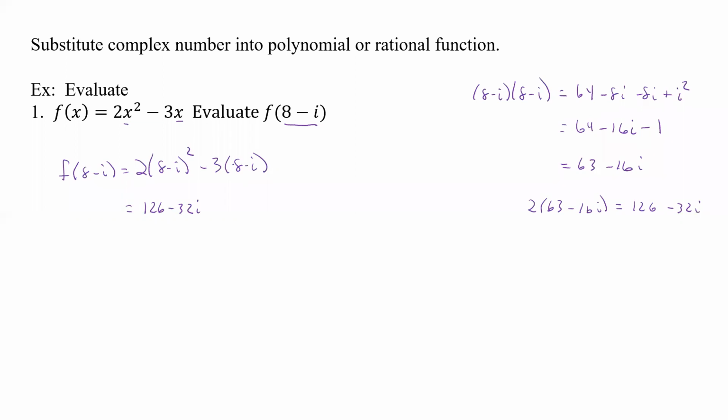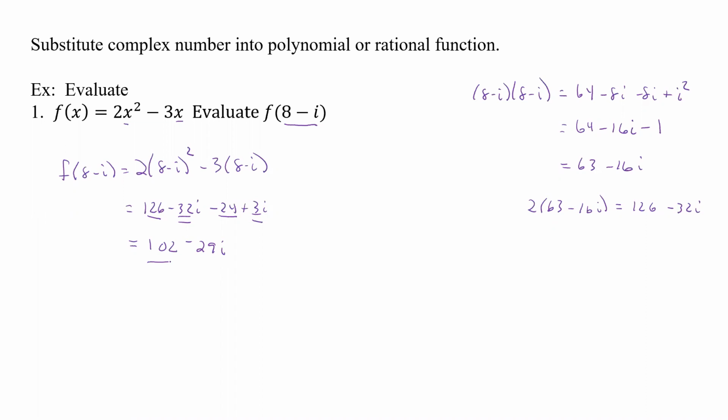Now we have to multiply here. So that's going to be minus 3 times 8, so that's going to be minus 24. And then we have minus 3 times the minus i, so it's going to be plus 3i. So if we simplify that, that's going to give us 102 when we take that minus that. And then we have a minus 32 plus 3, so that's going to give us minus 29i.